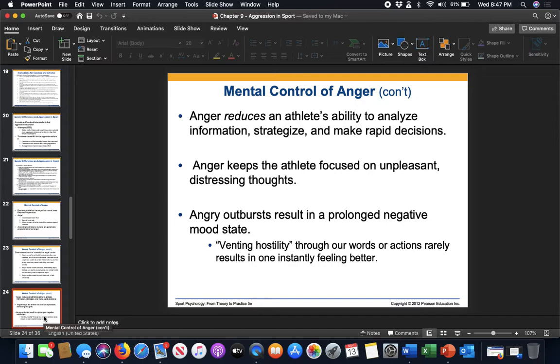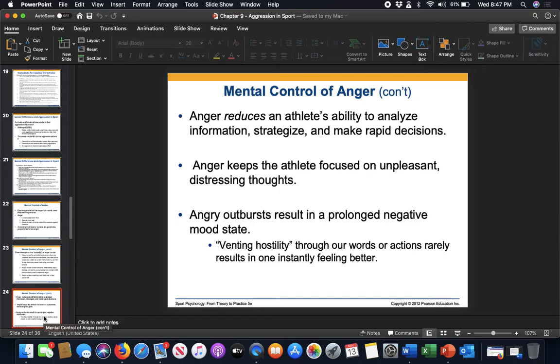Anger reduces an athlete's ability to analyze information, strategize, and make really rapid decisions. Well, yeah, you start losing that focus when you get a higher level of anger. Anger keeps the athlete focused on unpleasant and distressing thoughts, so not mentally in the game or in the exercise session. You're just gone.